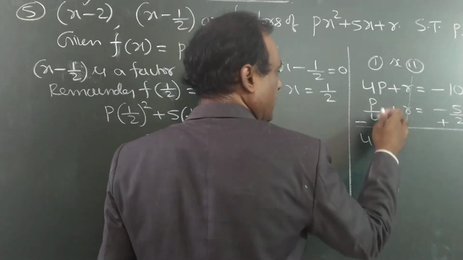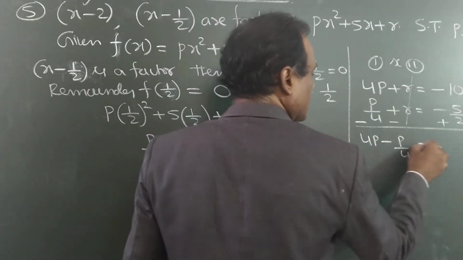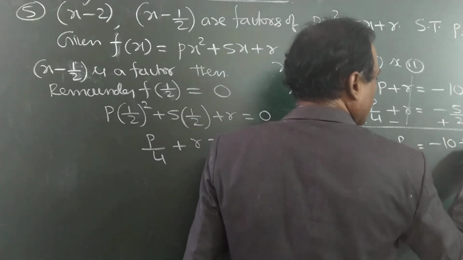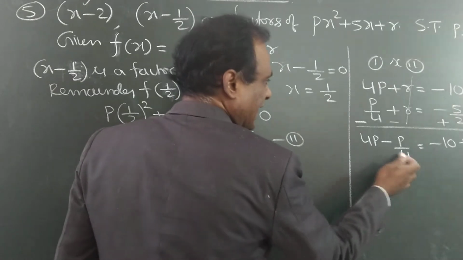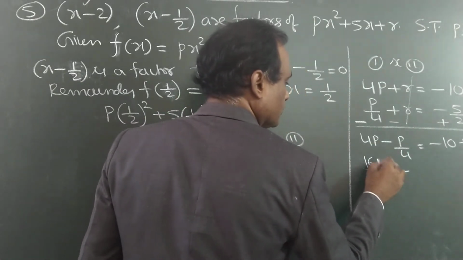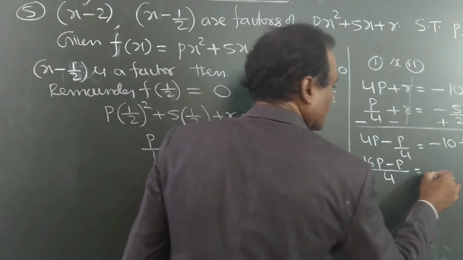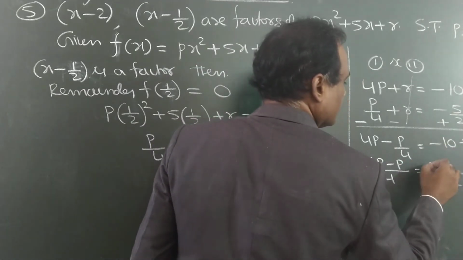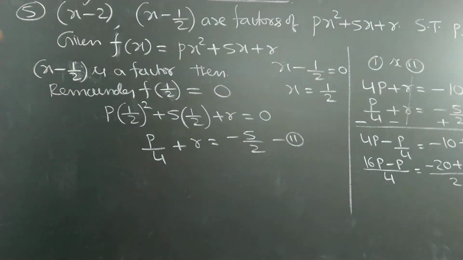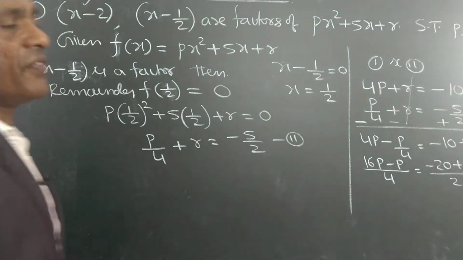4p minus p by 4, on the right side minus 10, and this minus becomes plus 5 by 2. So take the LCM, 2.